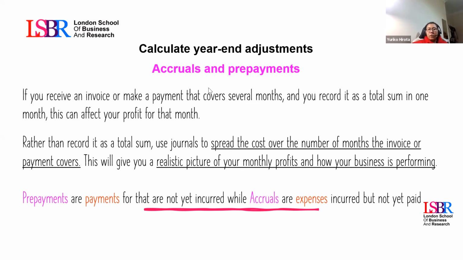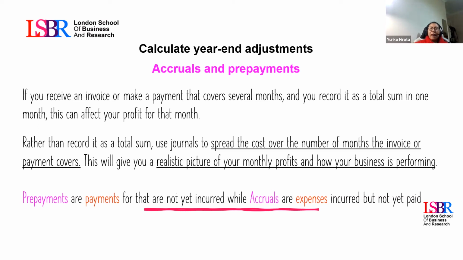Now we are going to see what happened with accruals and prepayments. If you receive an invoice or make a payment that covers several months, in the medium term, and you record the total sum in 1 month, this can affect your profit per month.